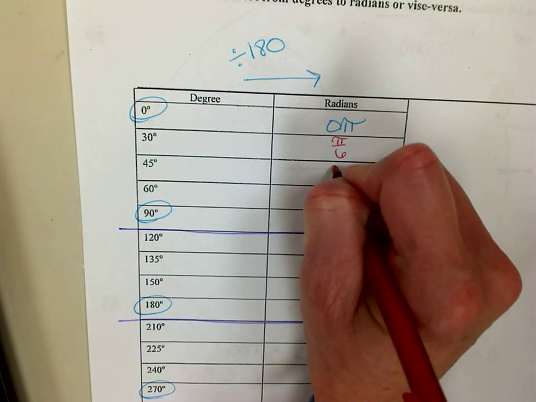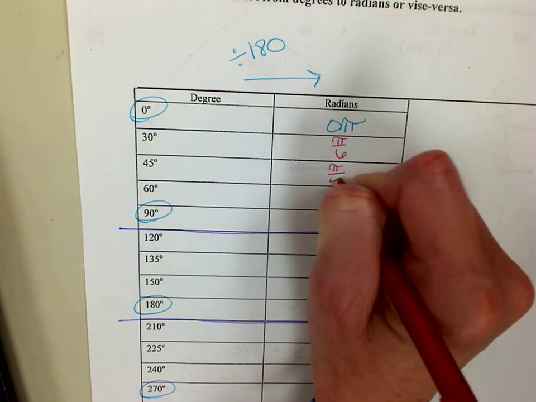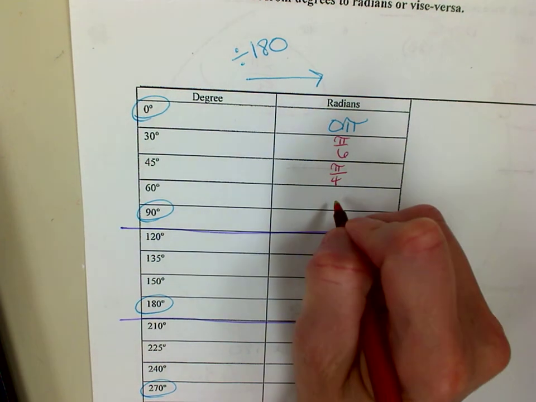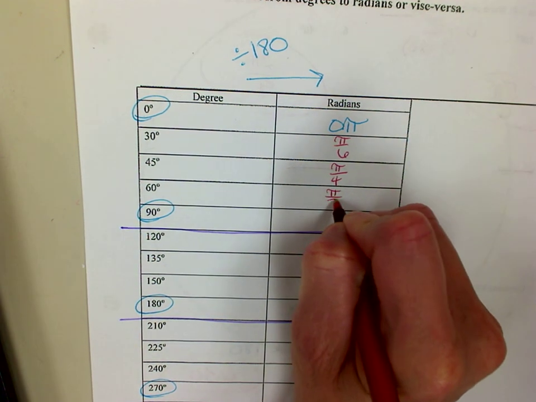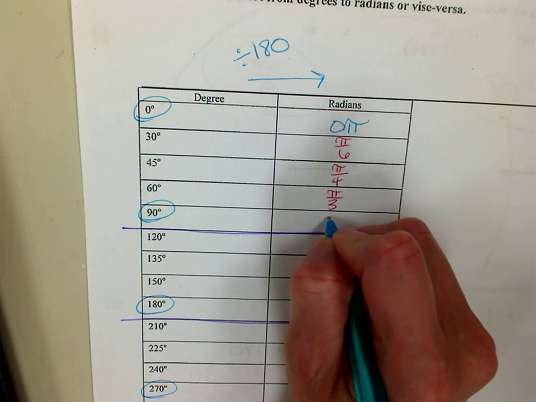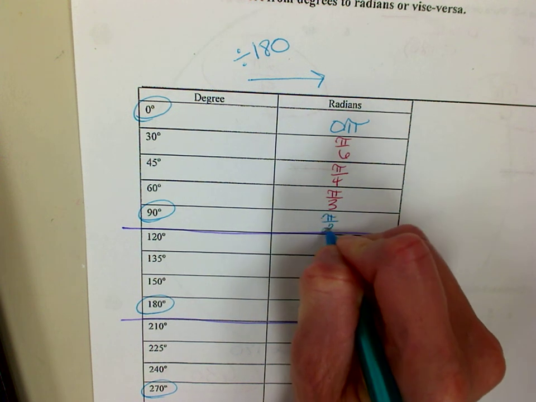That's 1/4. So pi over 4. 60 divided by 180. I get a decimal, so math, enter, enter. I get 1/3. Pi over 3. 90 divided by 180. That's 1/2. So pi over 2.